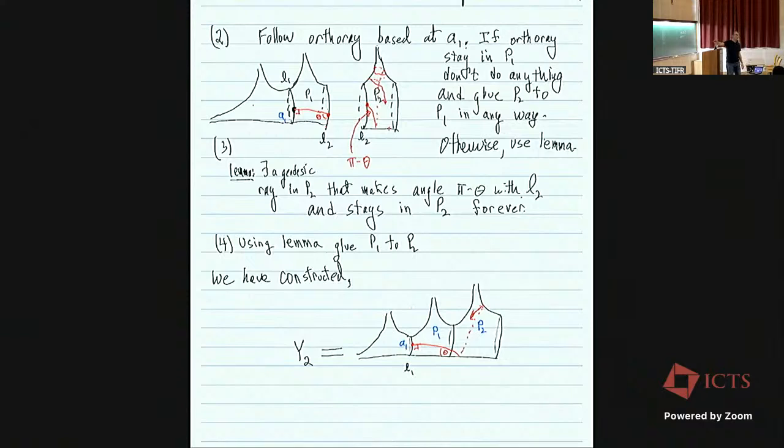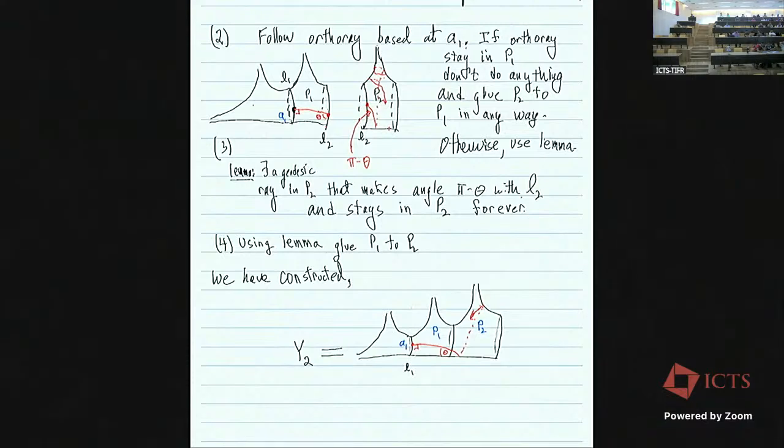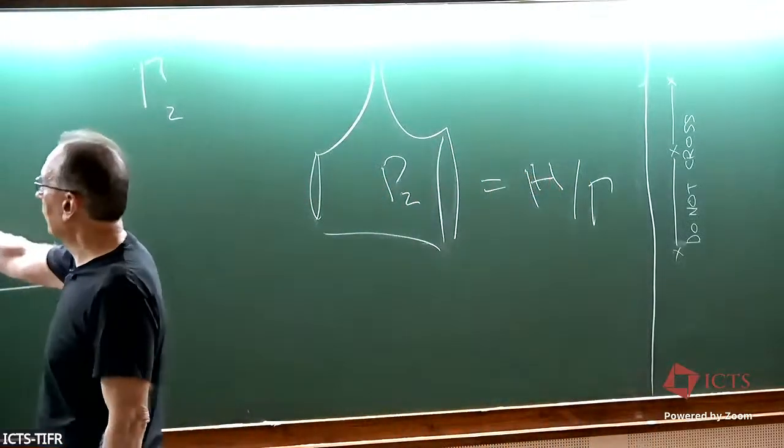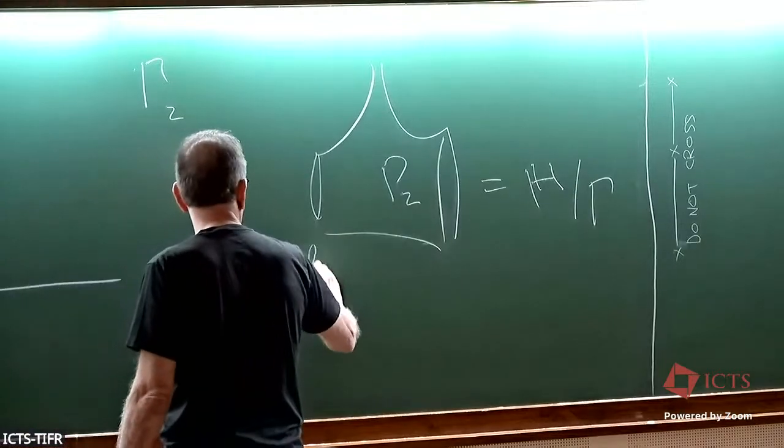One way to think of that is P2 is uniformized by a Fuchsian group. So if I look at the Fuchsian group that quotients to this, it has to have funnels, but I've cut them off. I'm lifting this curve, this is L2, up to here.